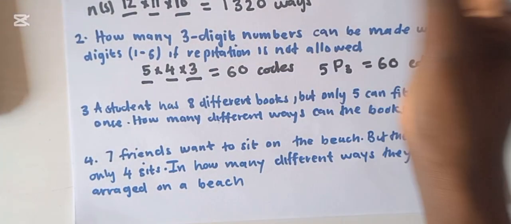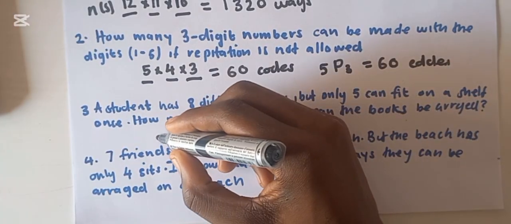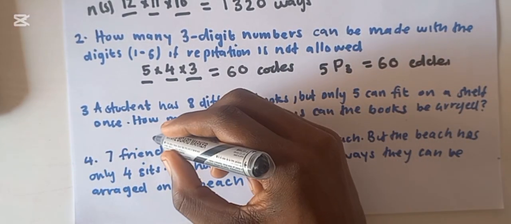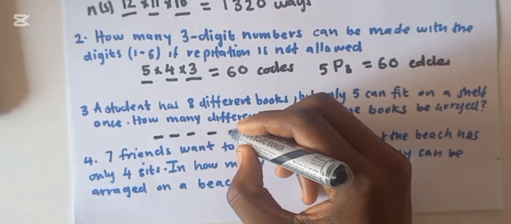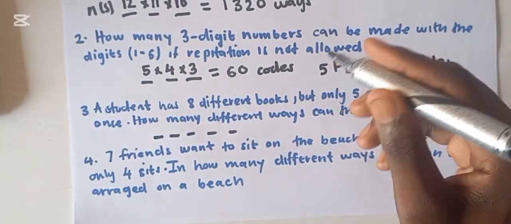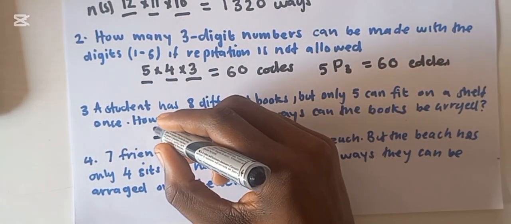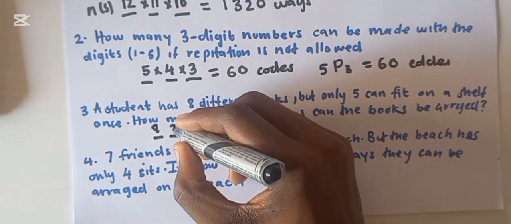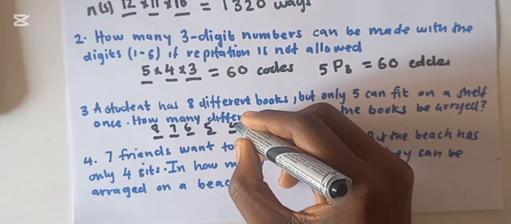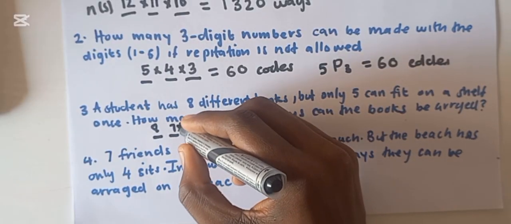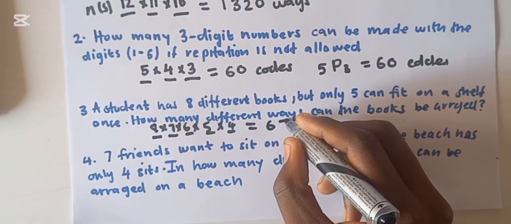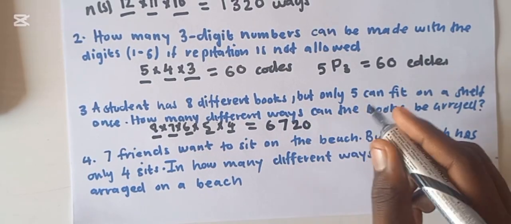Another way to understand is to write the positions that you have to fill, which is 5 positions, 1 2 3 4 5. This one is just a long way actually. I don't like it. And then how many options are you going to have? You're going to have 8, which is 8 7 6 5 4. If you multiply all this, you're going to get 6,720 ways to arrange this.